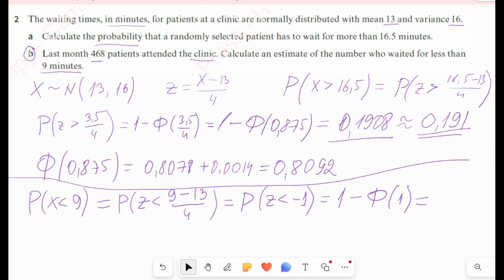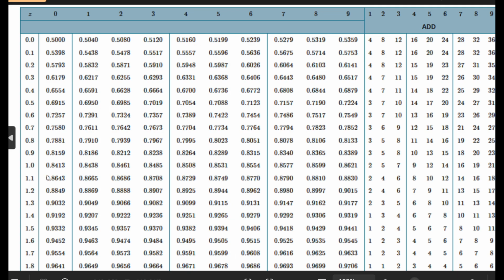We can find it using the table. If you take the table, phi of 1 is 0.8413.